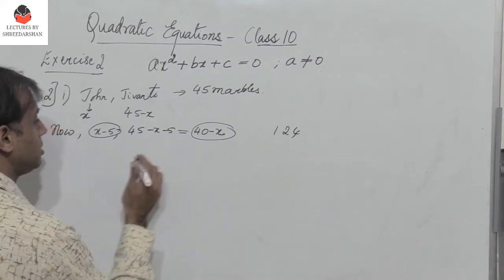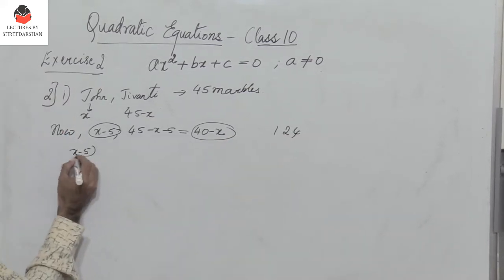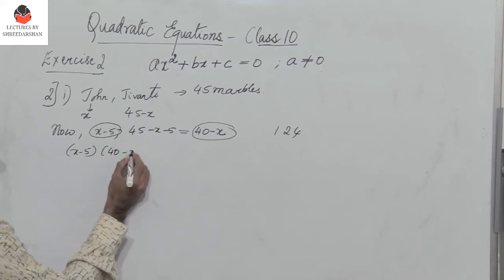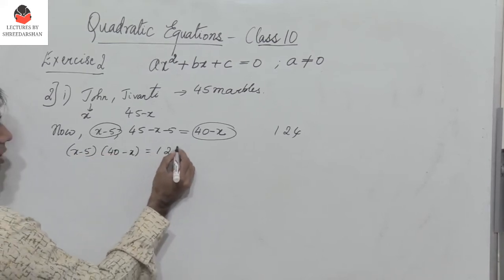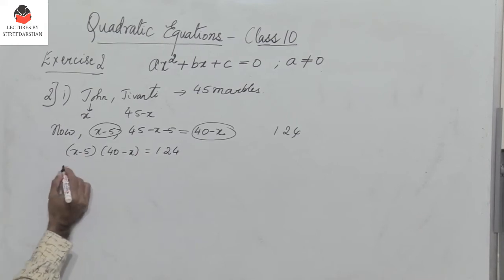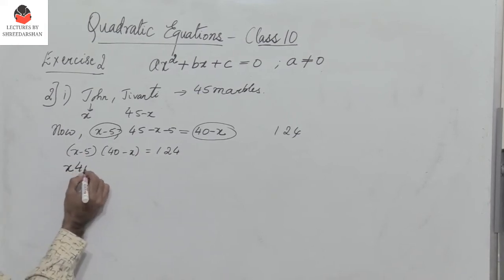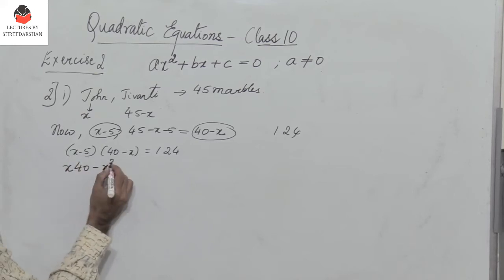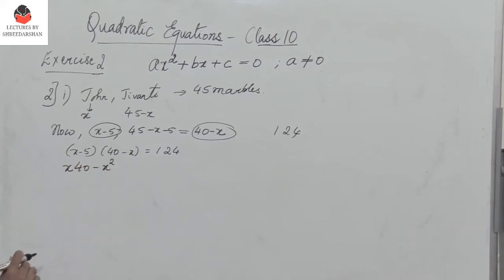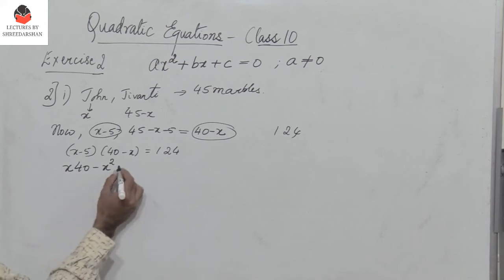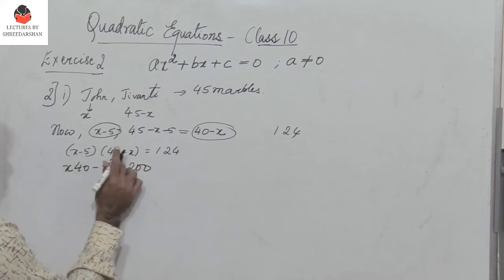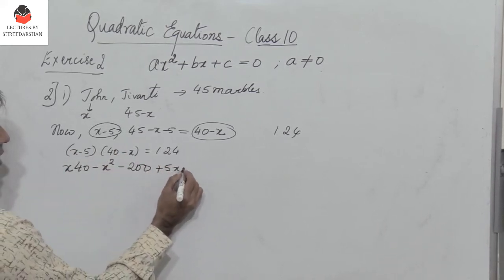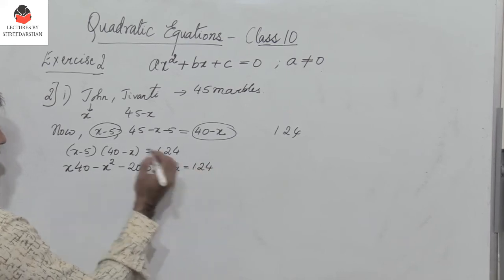So multiply these two: x minus 5 into 40 minus x equal to 124. When I multiply, I get x into 40, then minus x square, minus 5 into 40 gives minus 200, then plus 5x equal to 124.